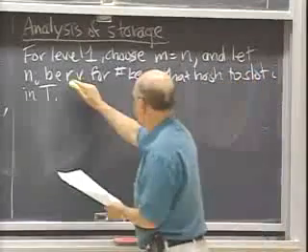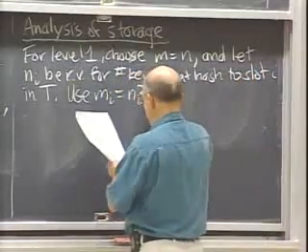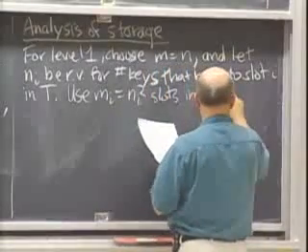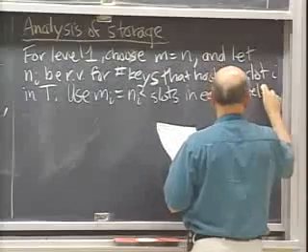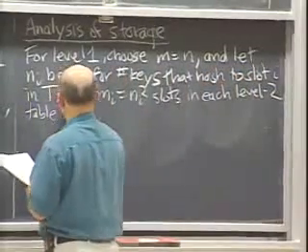And we're going to use m sub i equals n sub i squared slots in each level 2 table S sub i.